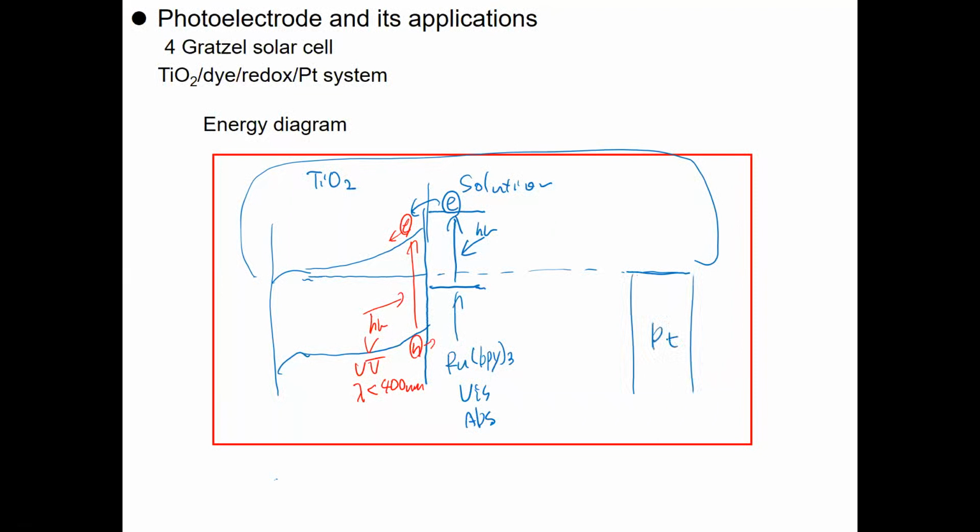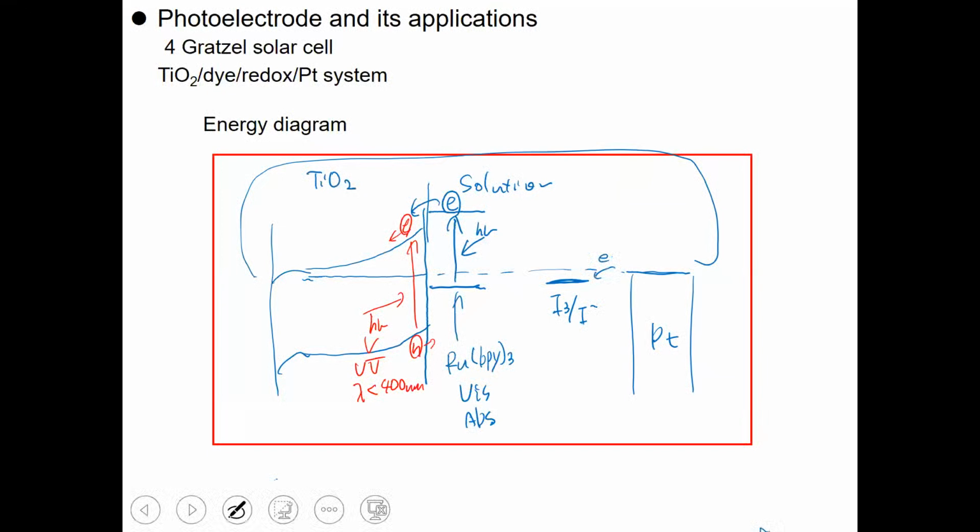And there are some redox species, and mostly iodine redox species are used. And this could accept the electrons.